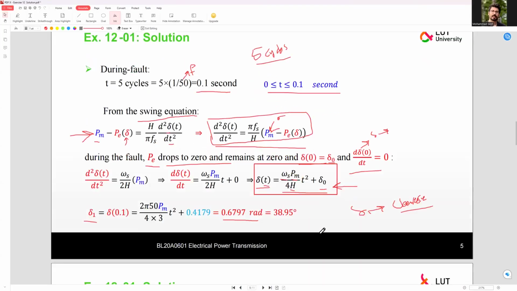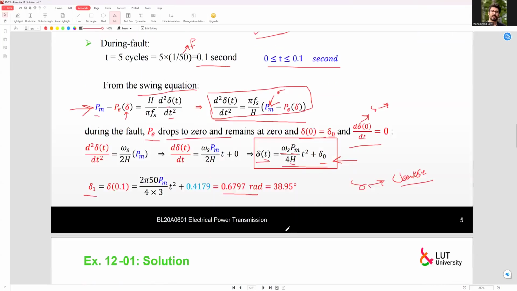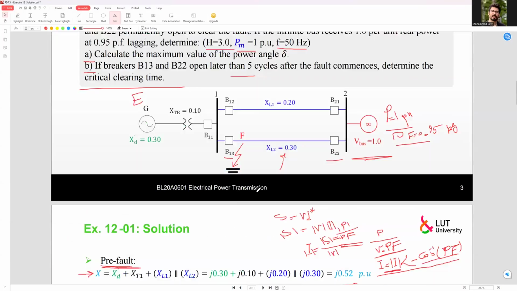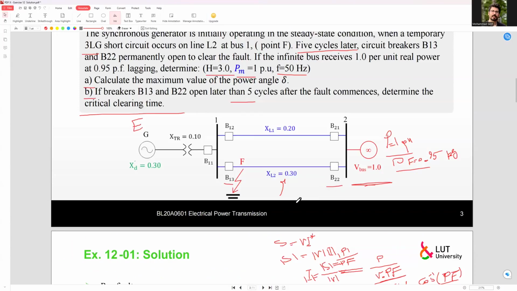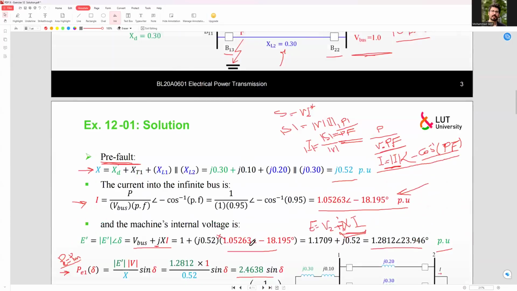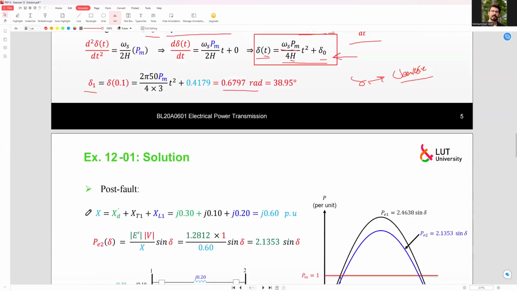And then we want to study the system after the fault clearance. So you know that we open two circuit breakers, which are here B13 and B22. So we only would have this line reactance. So we need to recalculate the equivalent reactance between the generator and the infinite bus.